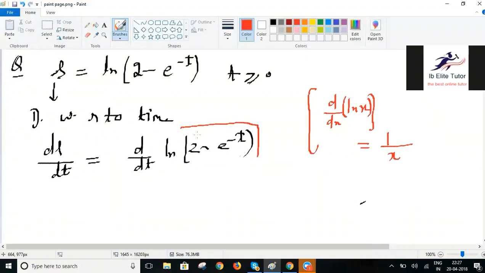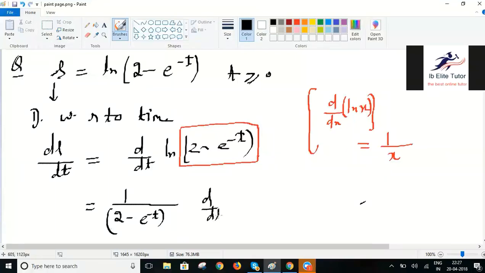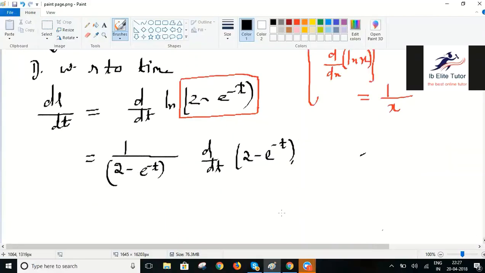So in the same way, you can see this value is replacing x. As I'm again saying, differentiation of ln something is equal to 1 over something, 1 over that value that is replacing x. Now we'll differentiate that something, the value that is replacing x, because we are using the chain rule here.